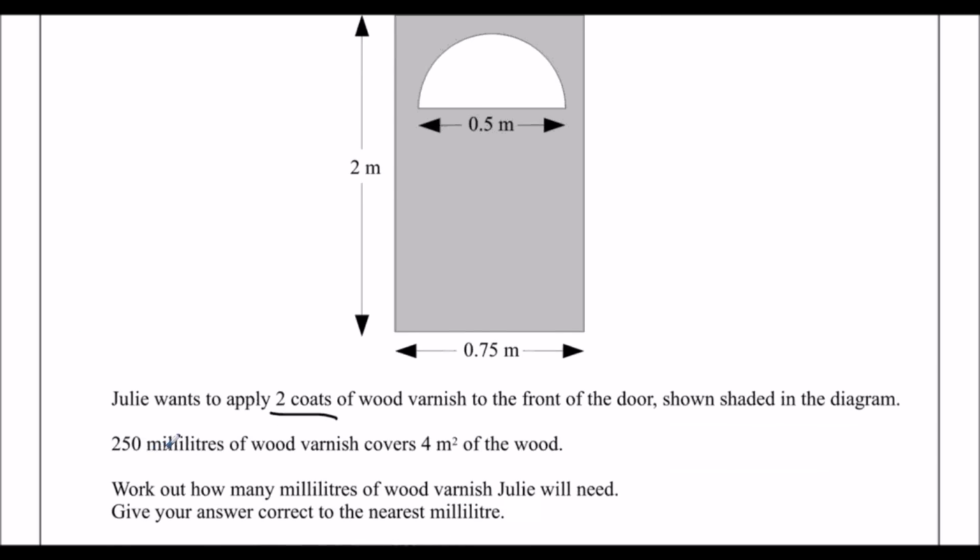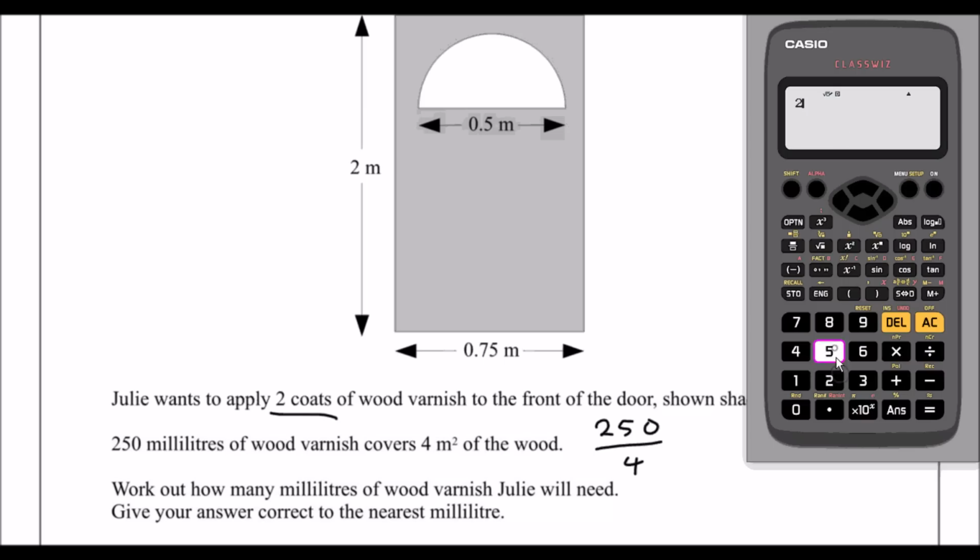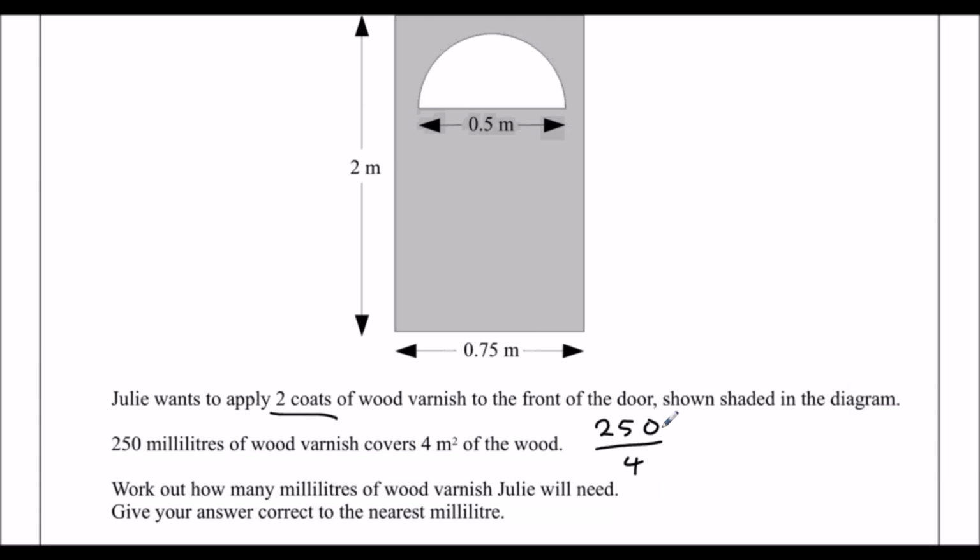So 250 milliliters for 4 meters squared. 250 divided by 4 is 62.5. So it's 62.5 milliliters per meter squared.